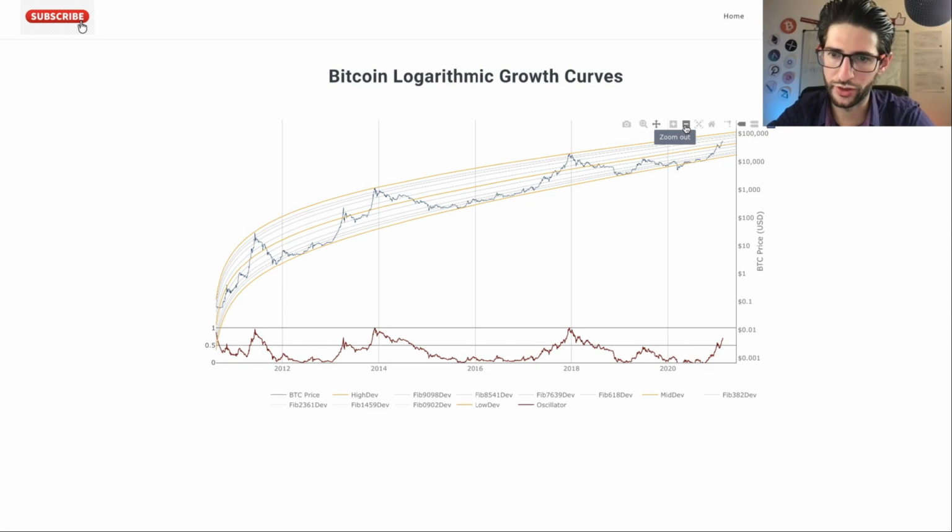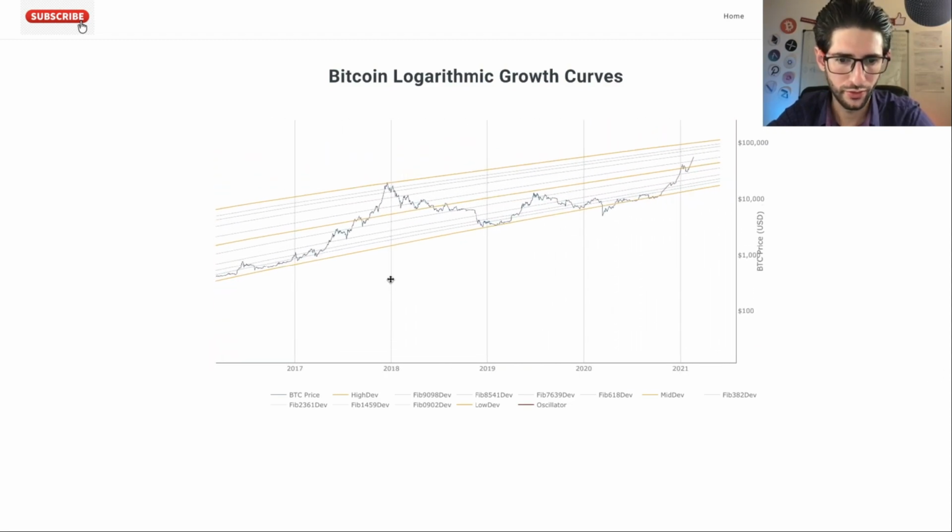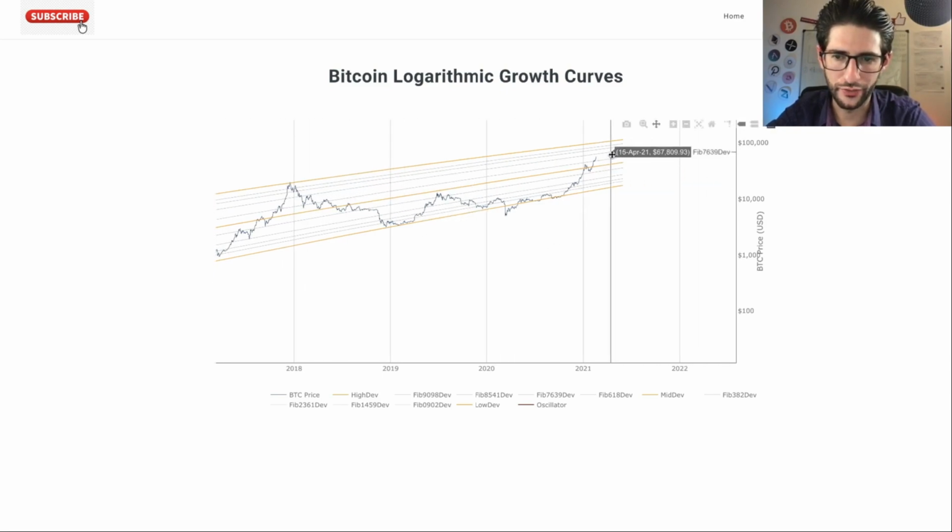And if we zoom here into the chart right now, this was at the peak of 2017, and this is where we are right now. And even if this looks like it's not too much, the peak right now, if we just go into a straight line without any retracement, it will be at the peak at the $100,000.